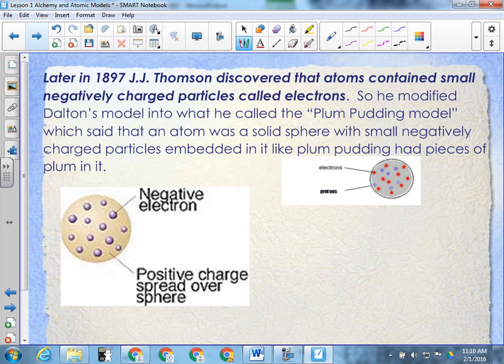He said, I'll go with the sphere, and I'll say that the sphere is positively charged because positive charges didn't move in the reactions, only negative ones. And he said, the sphere is covered with these little negative charges, and they can fall off. And that's the ones that I'm intercepting that are moving around in a chemical reaction. So it was plum pudding. The plums were the electrons, and the pudding was the central mass that was positively charged.